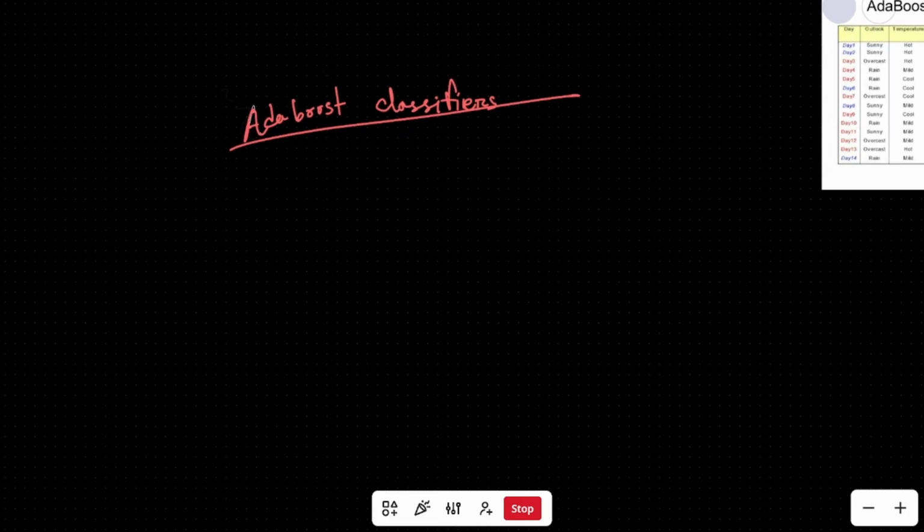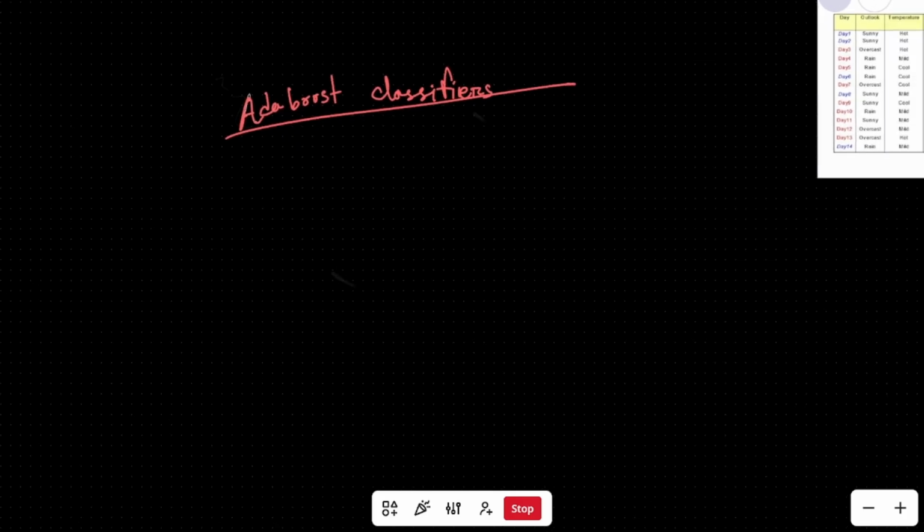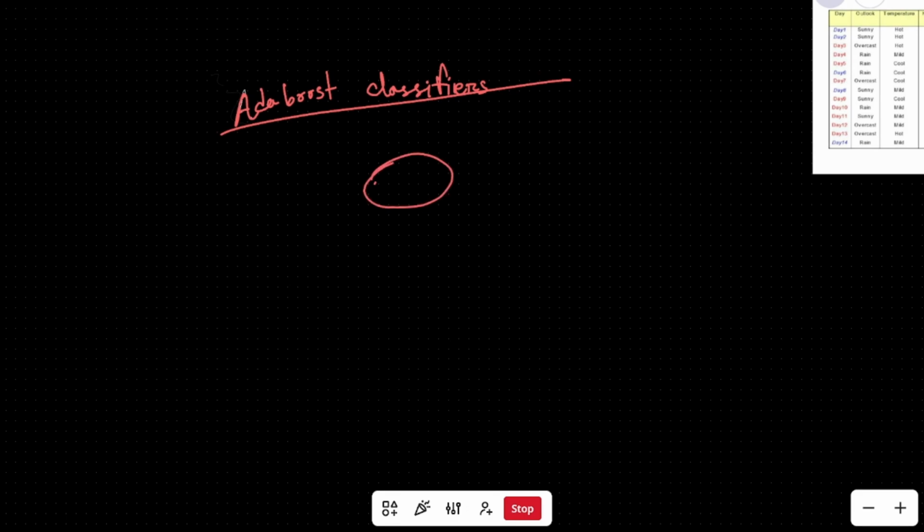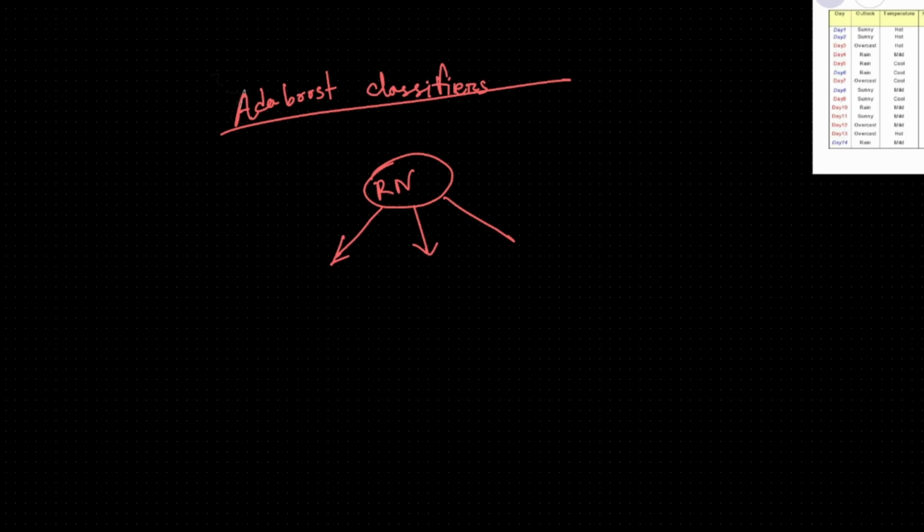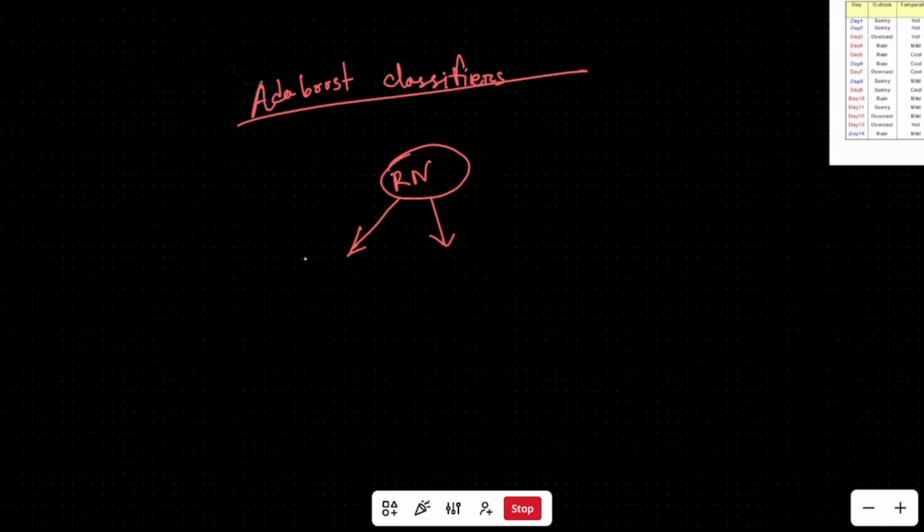Suppose you have a root node, and from there you are trying to apply the adaptive classifier. Suppose there are two classes, true and false.